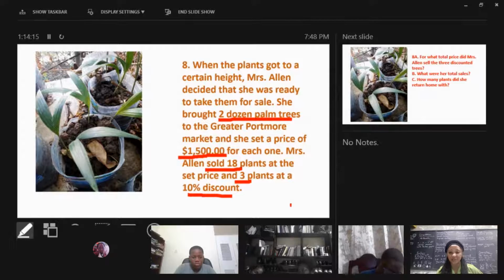You're going to need them for the next part. Question 8 has 3 parts, which we're going to go to the other slide for now. So jot down the 2 dozen that she brought, $1,500 for each. 18 were sold at the $1,500. 3 of them she sold at a discounted price of 10%.